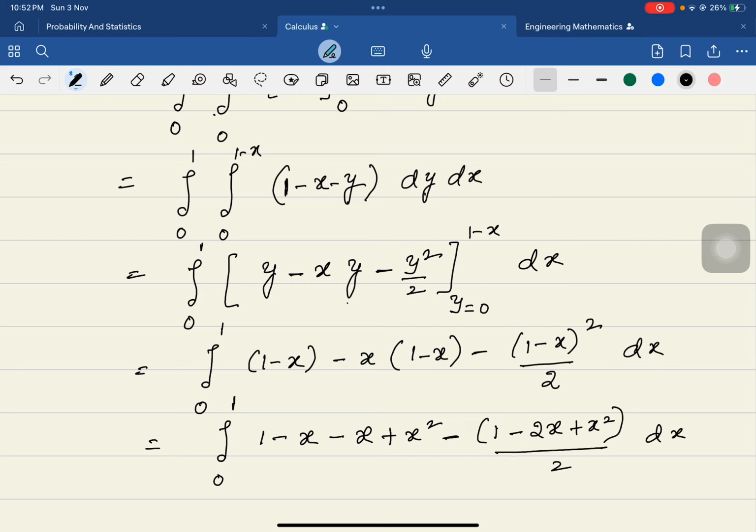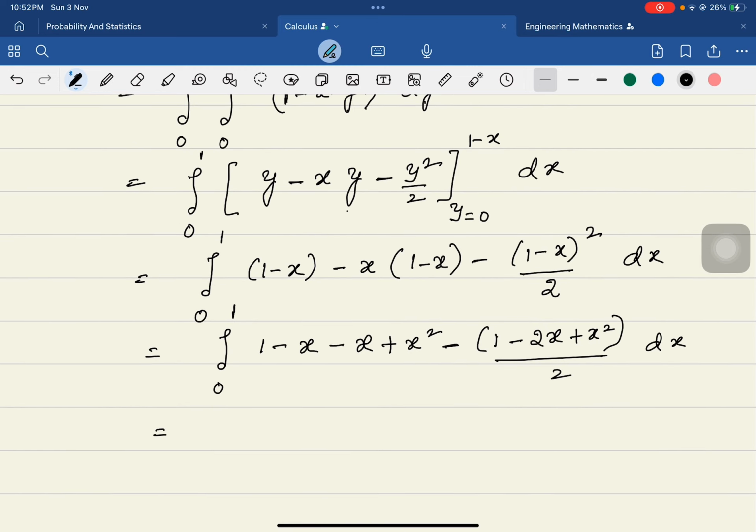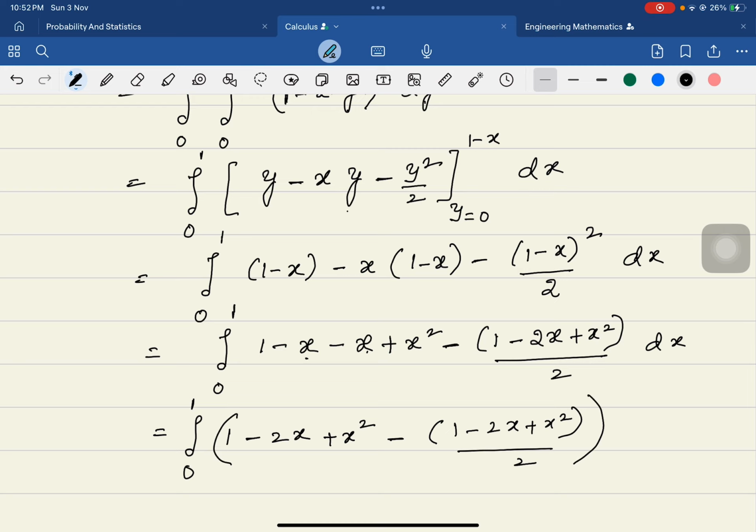It is just like a minus b whole square. So now that gives you integral 0 to 1, 1 minus x minus x plus x square, next minus of, you keep it as it is, no problem, 1 minus 2x plus x square by 2 dx, right?